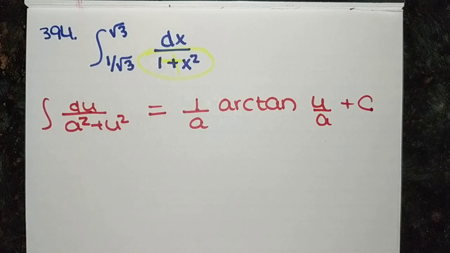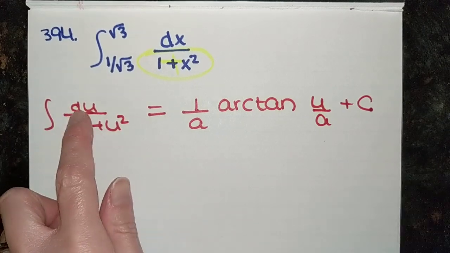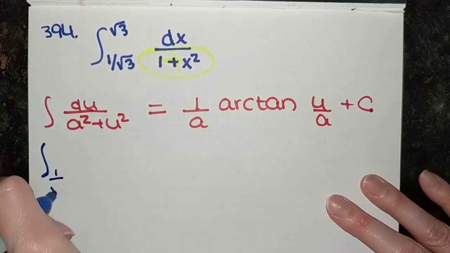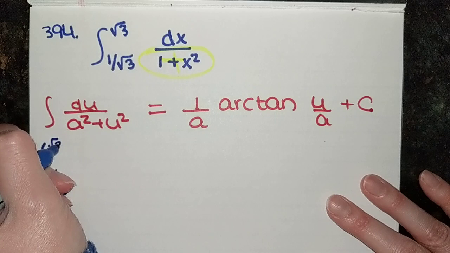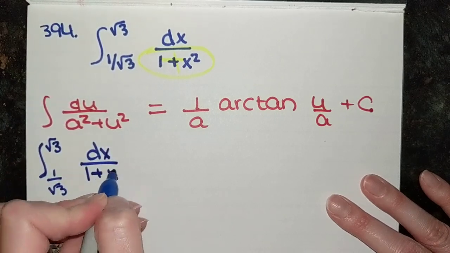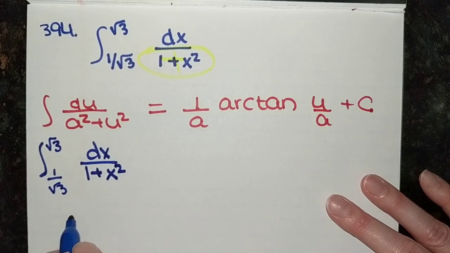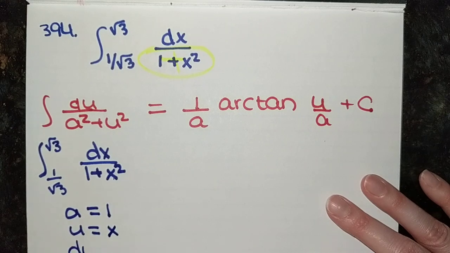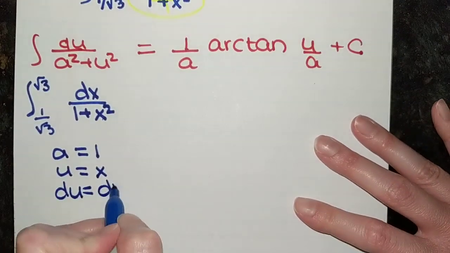Okay, so what you have to do to apply this rule is you have to match up the a, the u, and the du. So if you look at the current integral, where you have 1 over the square root of 3 to the square root of 3, and then you have dx over 1 plus x squared, you'll notice that your a is equal to 1, your u is equal to x, and your du is equal to dx.